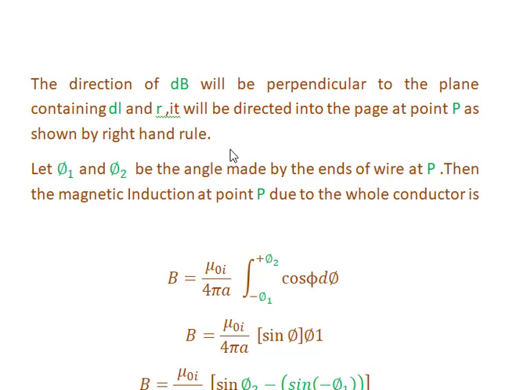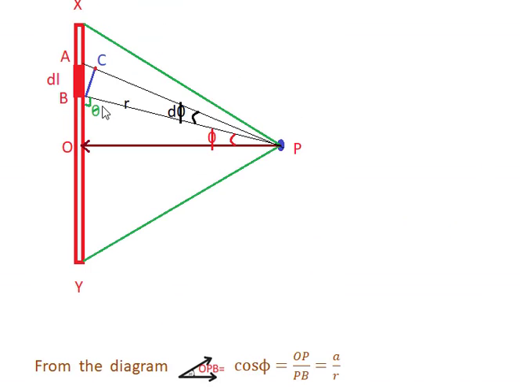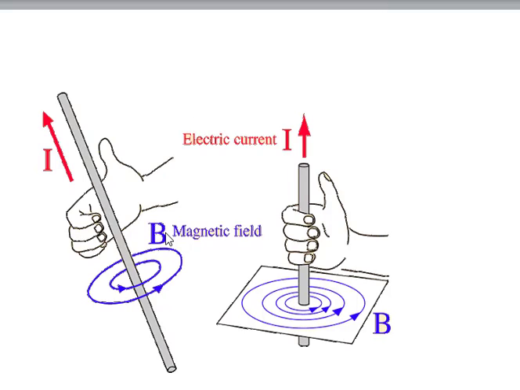When the current I is passing in this direction, the magnetic field is produced like this.